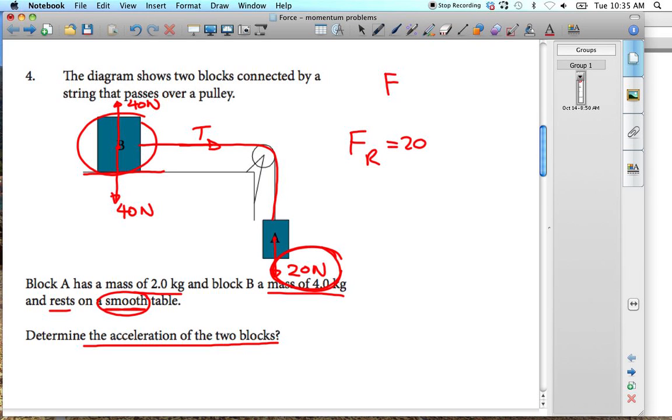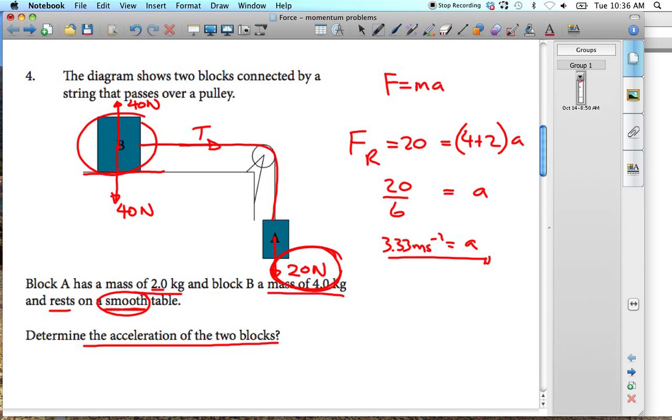And if we think of F equals ma, that's going to equal the mass of the whole system, which is 4 plus 2, times the acceleration of the whole system. So your acceleration is actually going to be 20 over 6, and we get for that 3.33 meters per second squared.